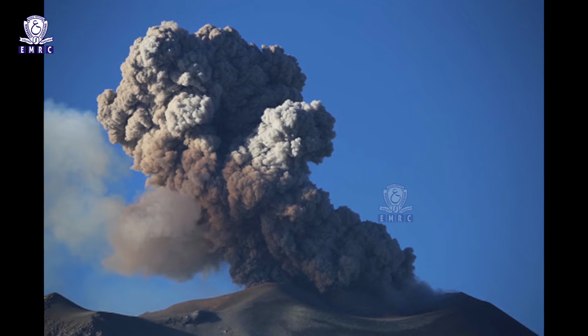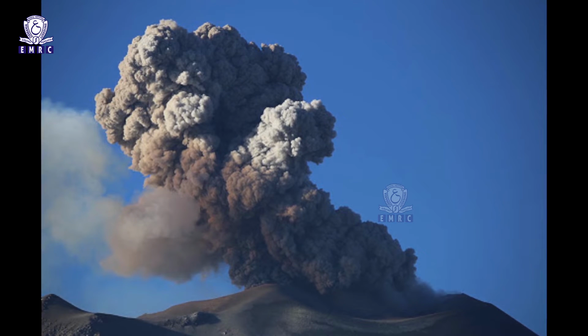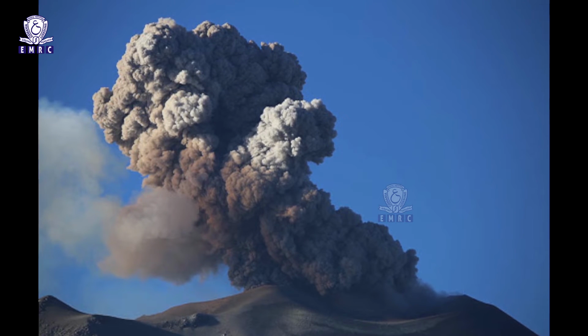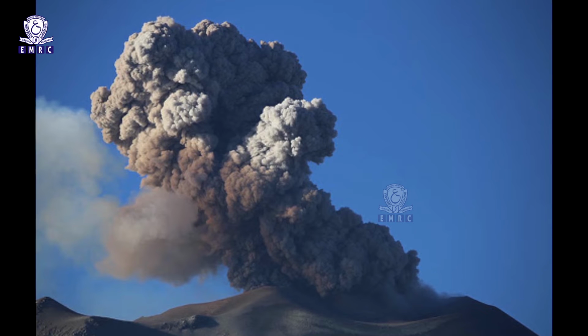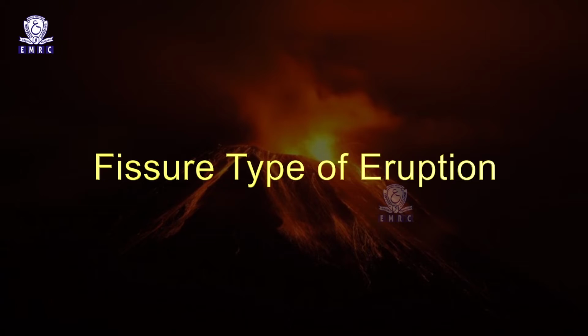The ejected enormous volume of gases and ashes forms thick clouds in the form of cauliflower shape. Mount Vesuvius buried Pompeii town in Italy with tephra and pyroclastic materials. Mount Pinatubo in Philippines comes under this category.